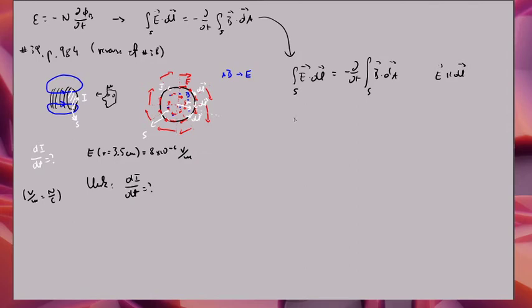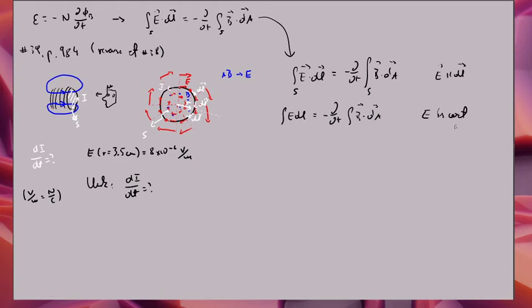So the left-hand side then just becomes E dl. And let's write the right-hand side as minus d/dt of B times dA. But the electric field is constant, at least from the picture I drew. It is always the same at a certain specific distance away from the center.